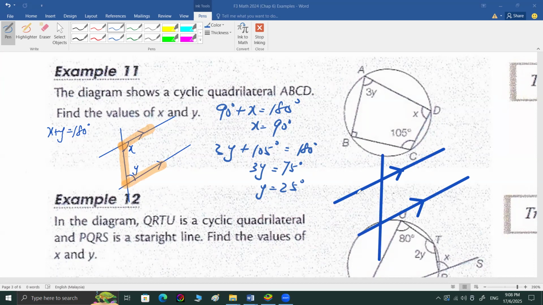Yeah, Z shape. What do you call this? No, not exterior. Alternate. This is alternate angle. Alternate angle means these two are the same. Z shape. Okay, one more. F shape. Yes, you're right. One more is F shape.